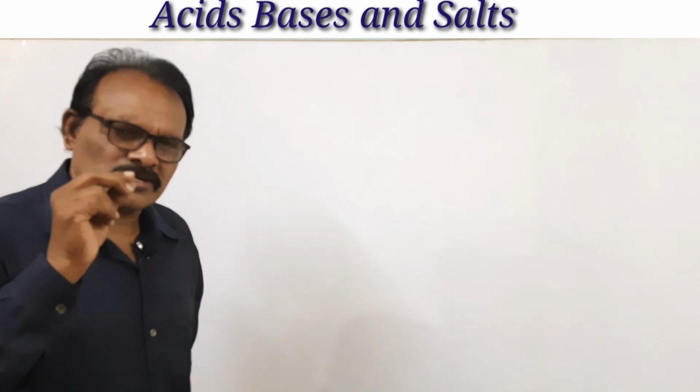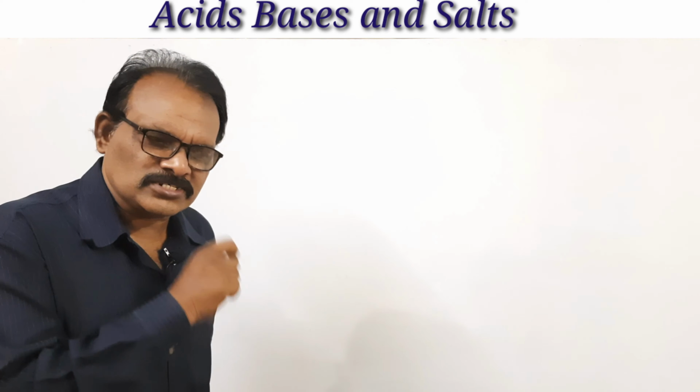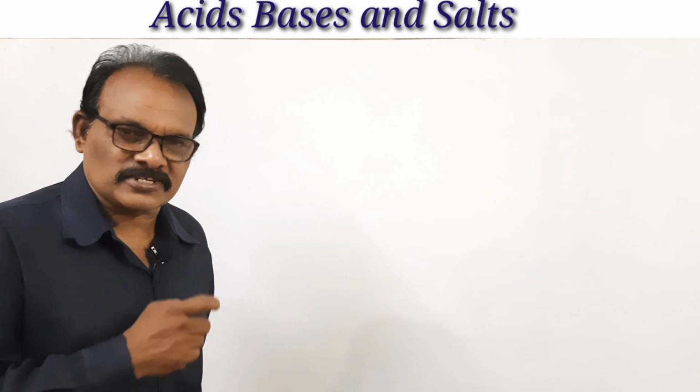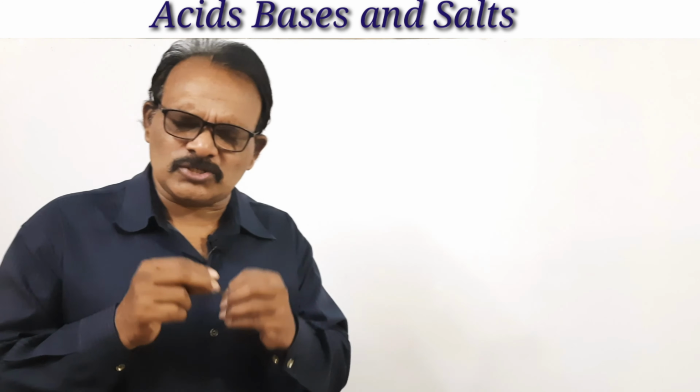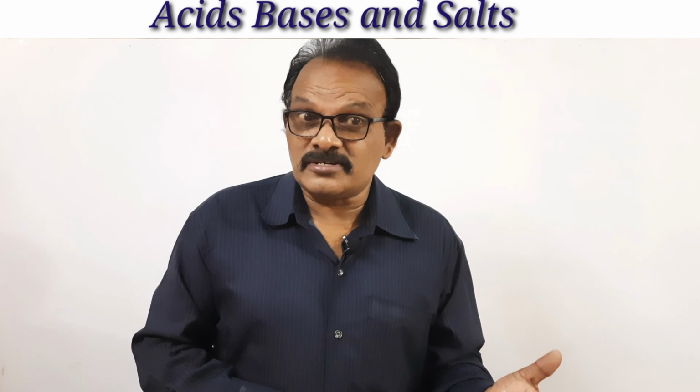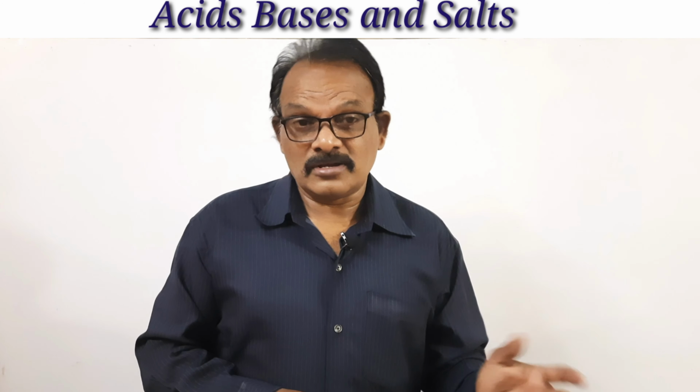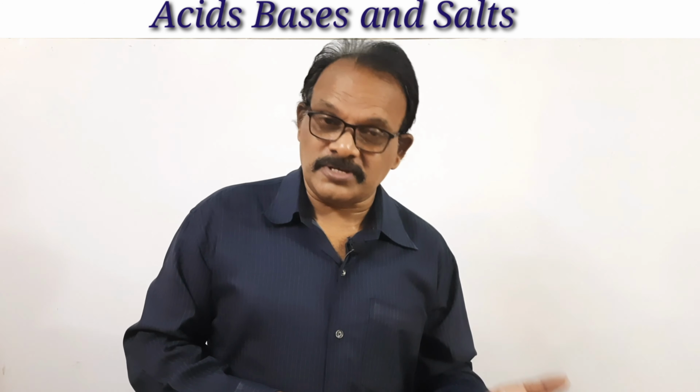Red means acid. Blue means base. You can create such tricks in your own way, so that this will remain in your brain for a longer time. It will be easy for you to identify that red means acid and blue means base.